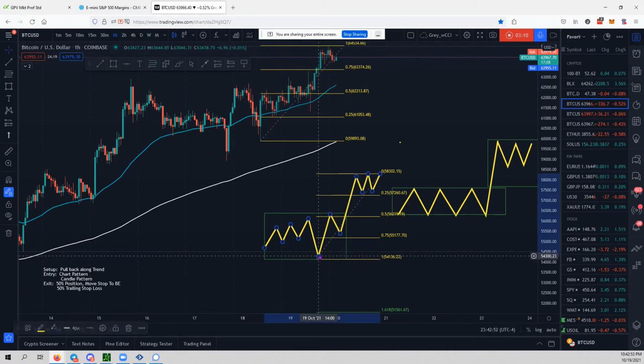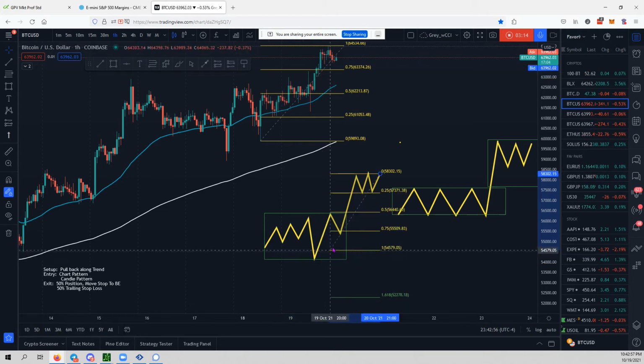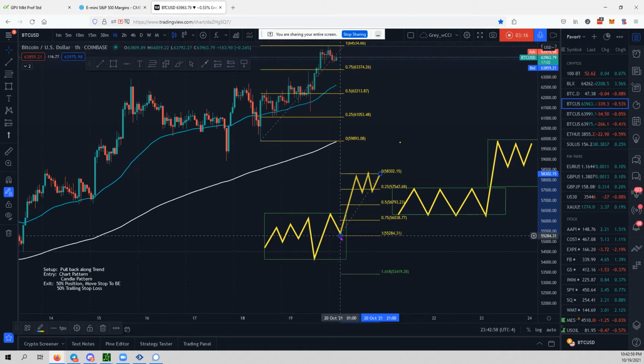Look, there's the fib, right there. The reason is because this is the order block that created this bull run. You have to visually see this as accumulation, even though it is slow and steady to the upside. This is accumulation, this is accumulation, this is the breakout to the upside.